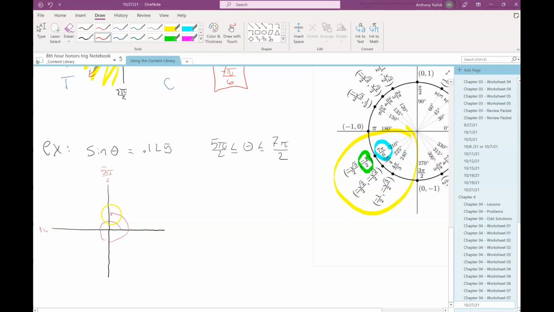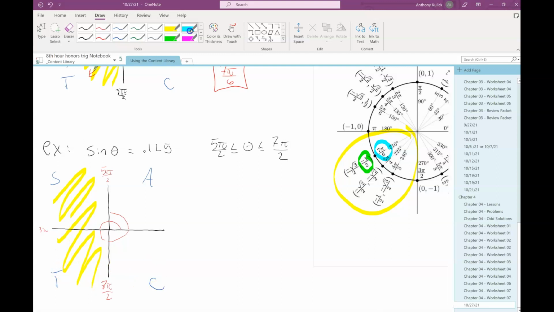Then we're at 3 pi, and then 3.5, so 7 pi over 2. So again, we're talking about quadrants 2 and 3. Everybody's okay there? I think about all silly turtles crawl.